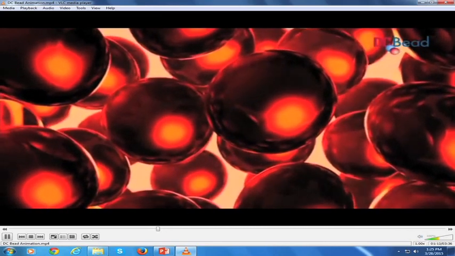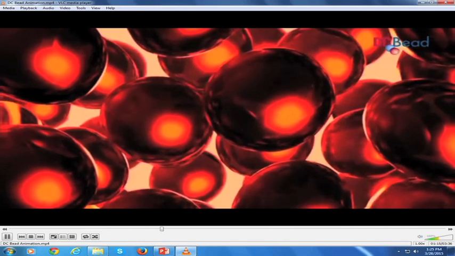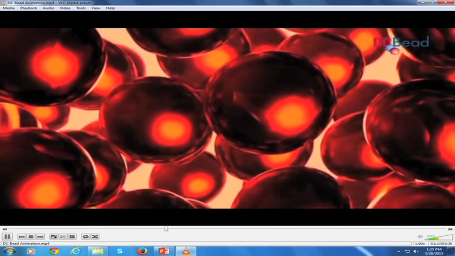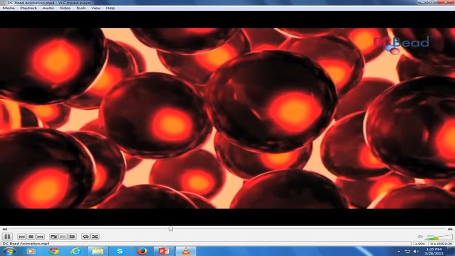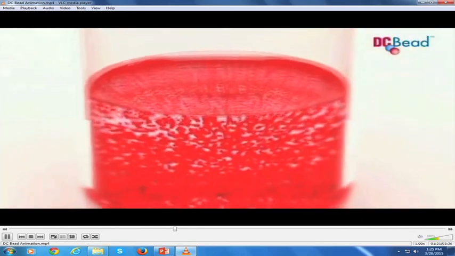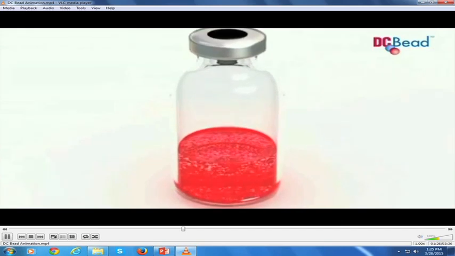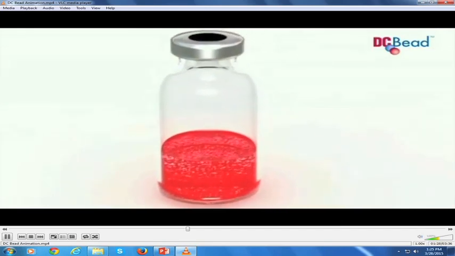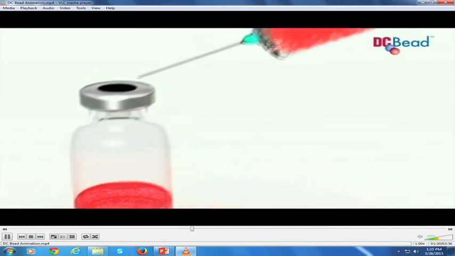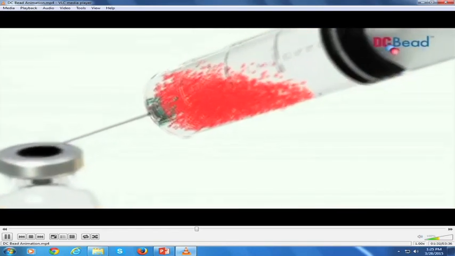The positively charged doxorubicin binds preferentially to negatively charged sulfonate groups, displacing water from the bead during the loading period. Precision TACE is a minimally invasive catheter-based procedure. The drug-loaded beads are drawn up into a syringe and mixed with non-ionic contrast medium to aid delivery and visualization.